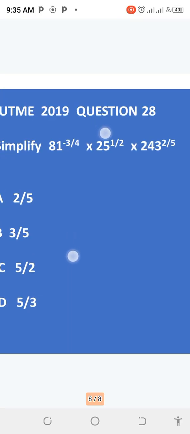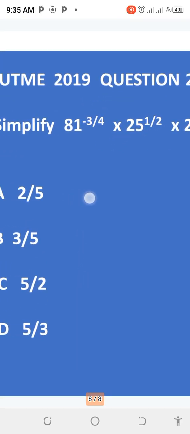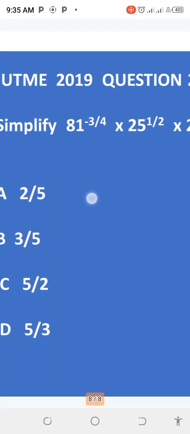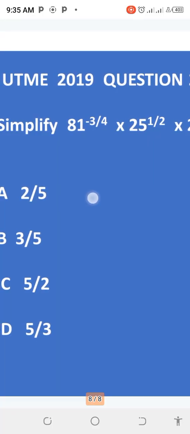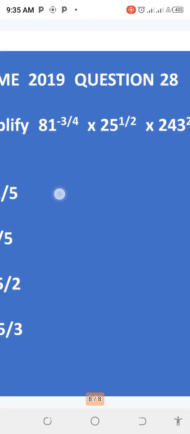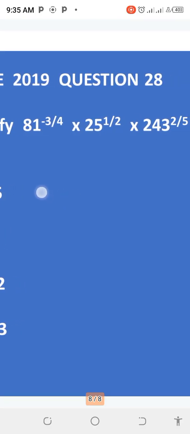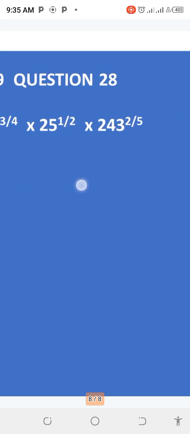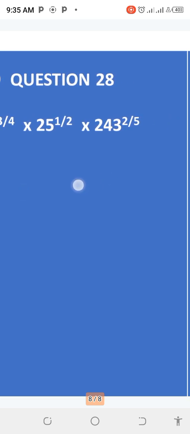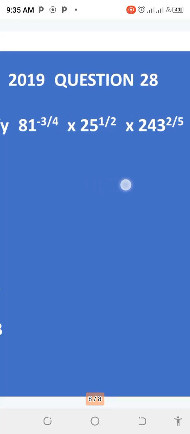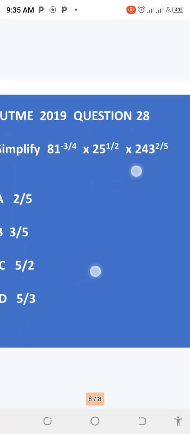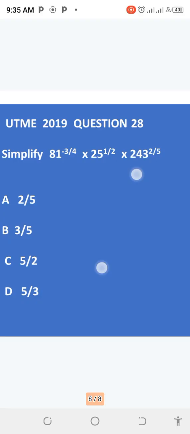Question 28 reads, simplify 81 raised to power minus 3 over 4 times 25 raised to power 1 over 2 times 243 raised to power 2 over 5. This is just testing two things, fractional indices and power raised to a negative what?